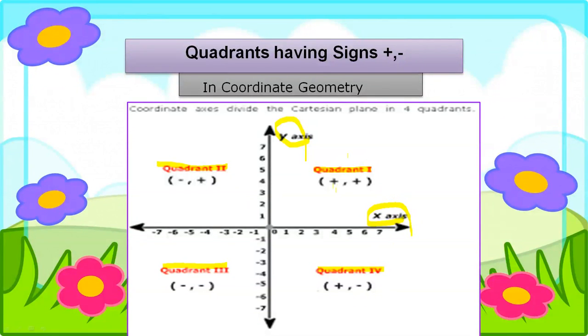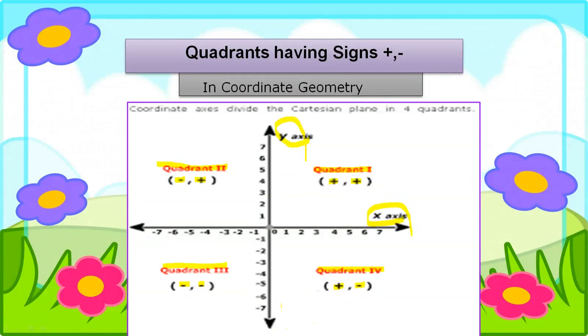Look at over here, in quadrant number 1, both the numbers will be positive. Quadrant number 2, one is negative while the other one is positive. While I am moving towards the third quadrant, look at over here, both the numbers will be negative in nature. While I am moving towards quadrant number 4, my first number will be positive, the second will be negative.